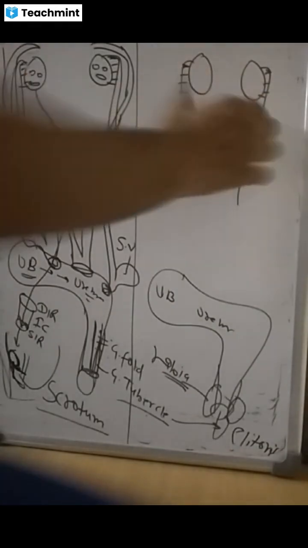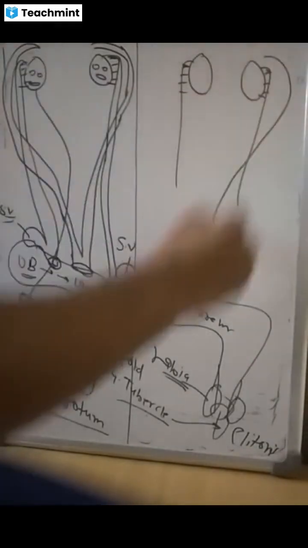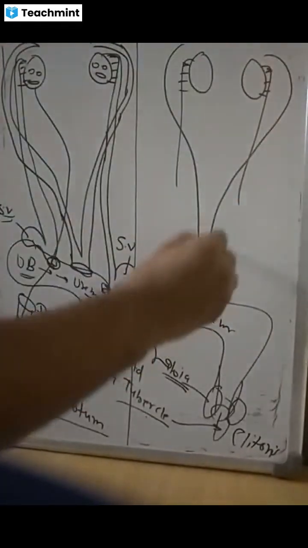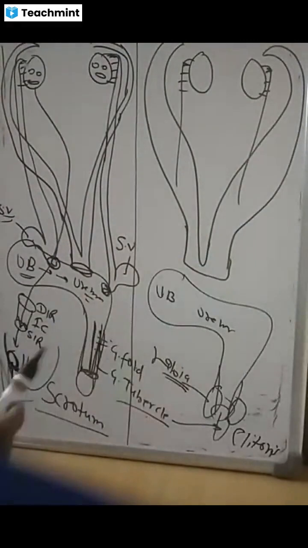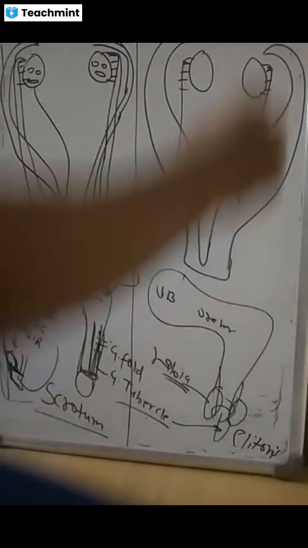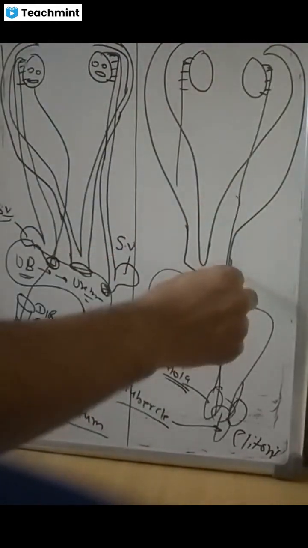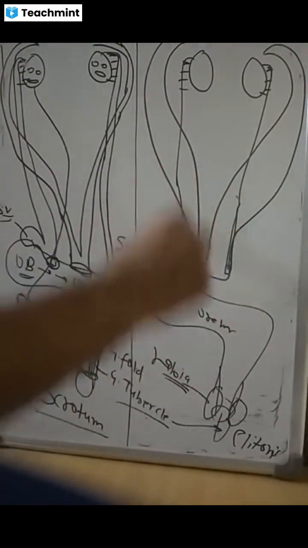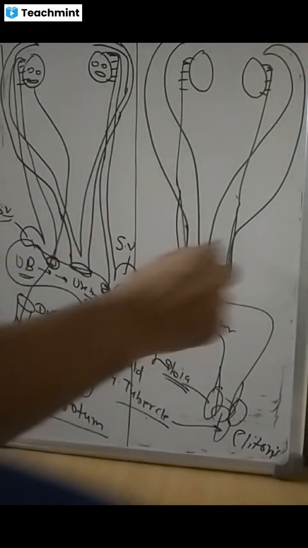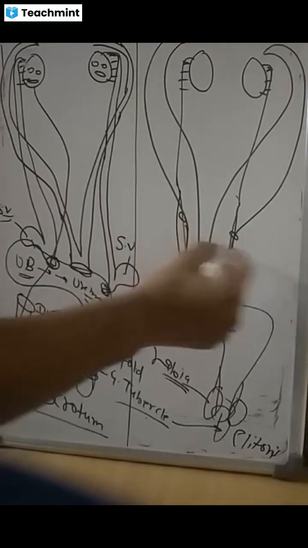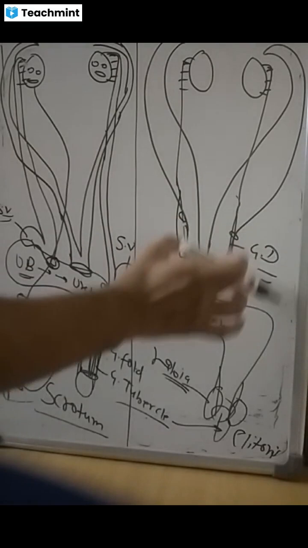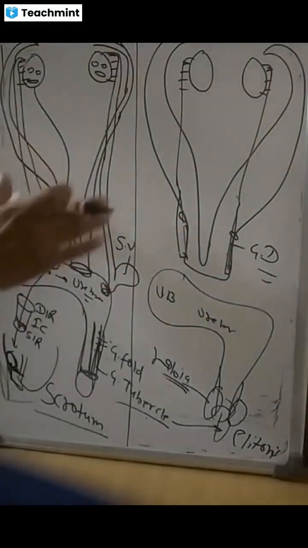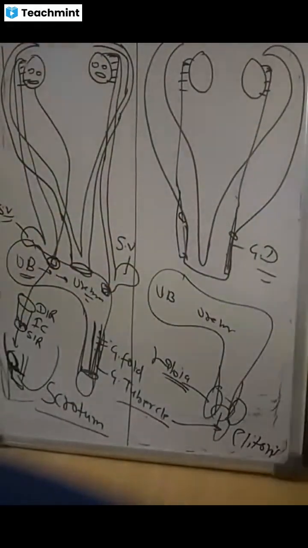In female, they also have the paramesonephric duct, and this mesonephric duct will end in the vagina, in the wall of the vagina, and these two are known as Gartner's duct. Gartner's duct. Hello?